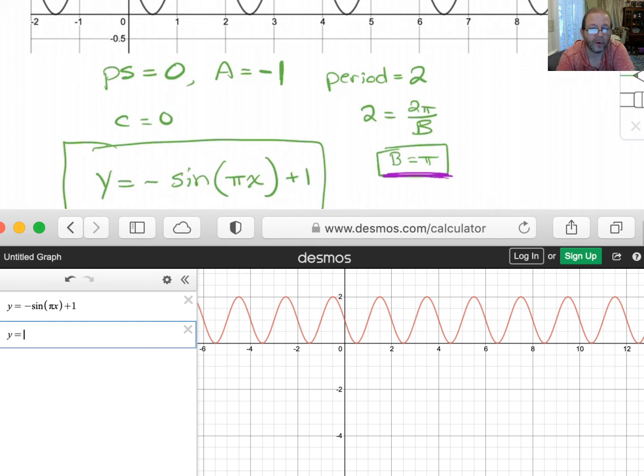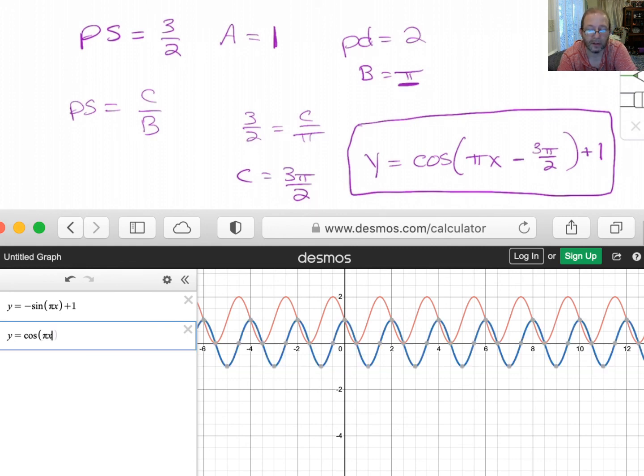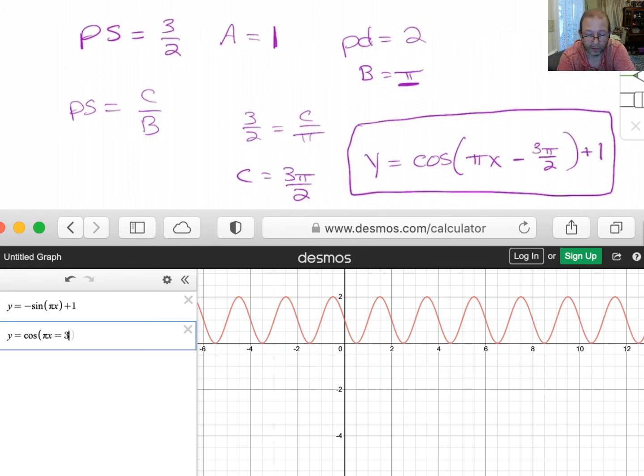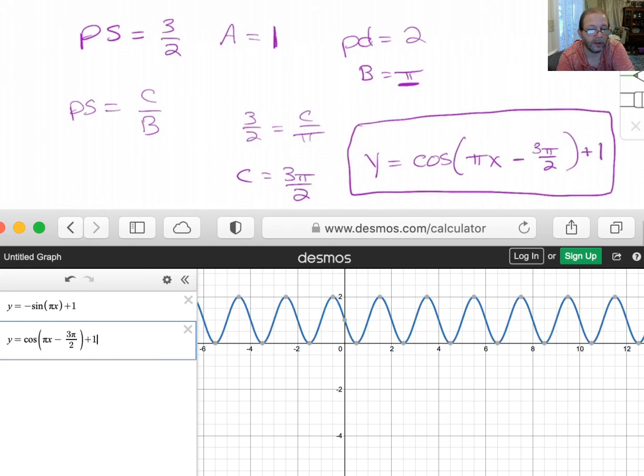And the second one was y equals cosine pi x minus 3 pi over 2, plus 1. That's a minus, not an equal. Sweet. Those two are the same.